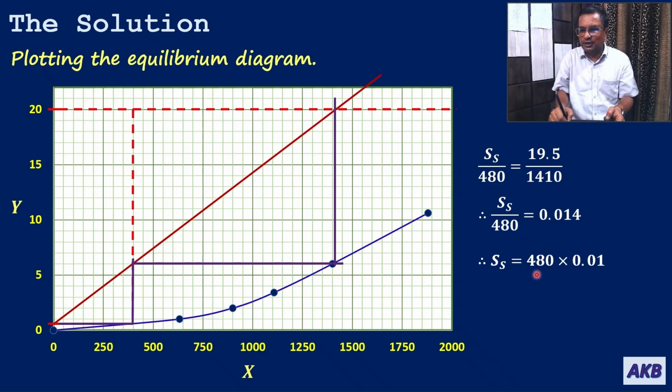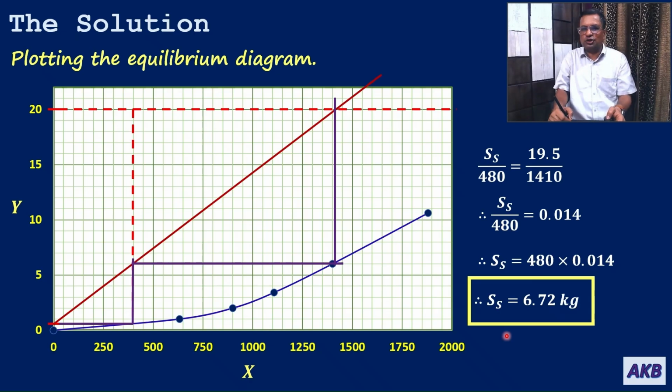So SS will be equal to 480 into 0.014, that is SS will be equal to 6.72 kg, and that is the amount of adsorbent required in a two-stage counter current adsorption operation. So this is the dosage of carbon that is required in this operation.